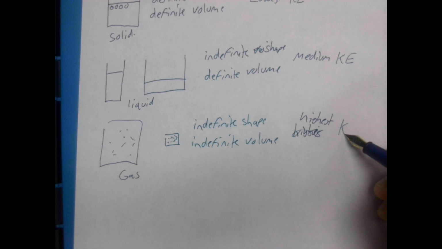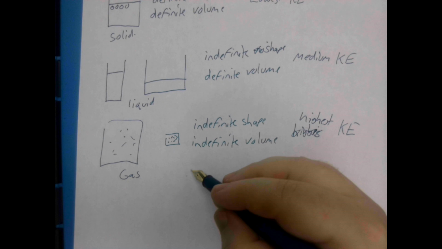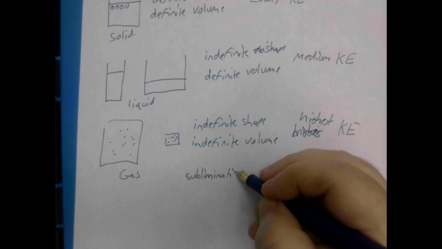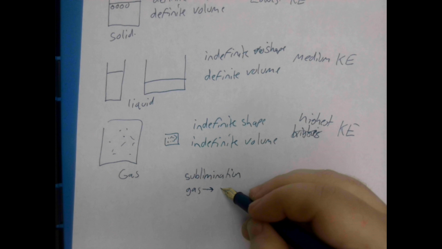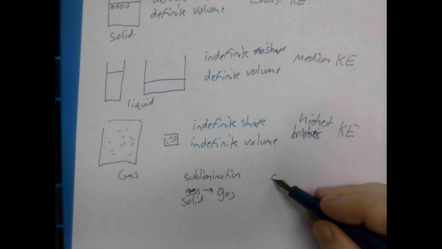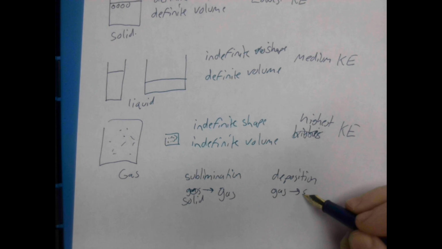Another thing, know what the phase changes are. We've covered this already. I taught you that sublimation is when you go from a solid to a gas. The opposite is deposition, which is when you go from a gas to a solid.